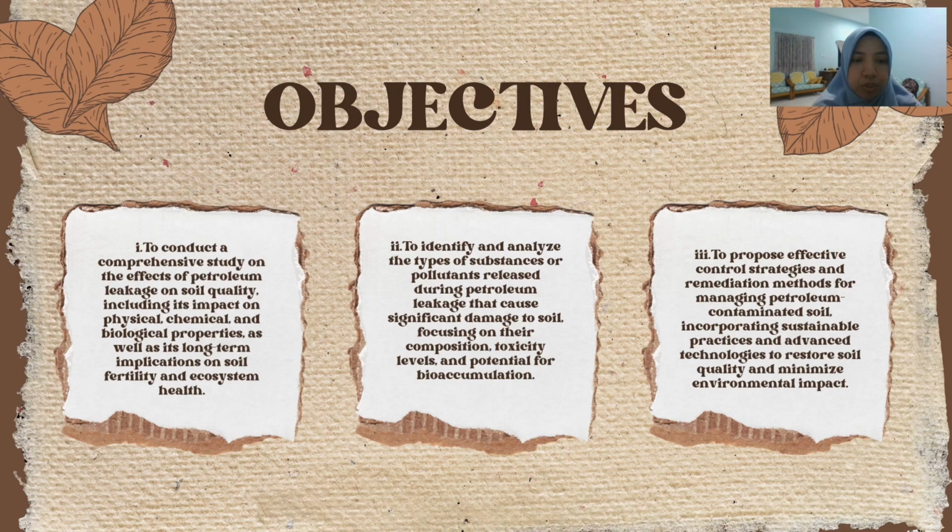For the third one, to propose effective control strategies and remediation methods for managing petroleum contaminated soil, incorporating sustainable practices and advanced technologies to restore soil quality and minimize environmental impact. So there are three objectives for this study.